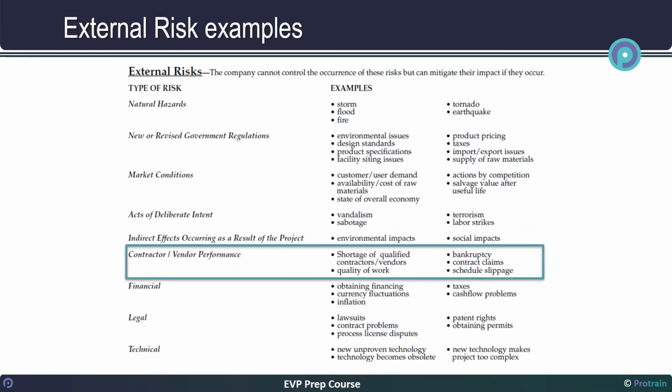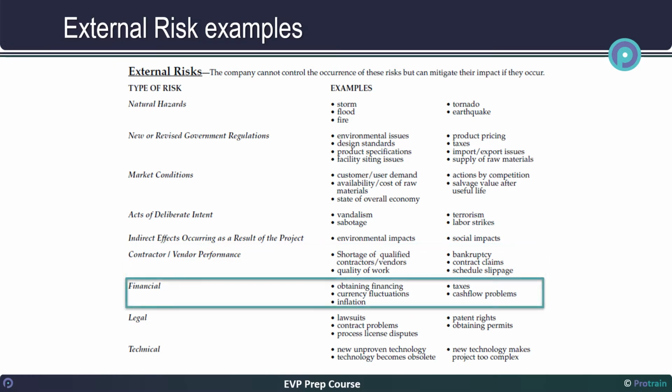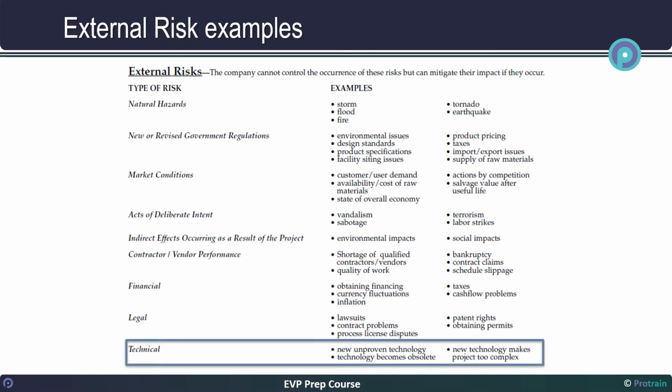Contract vendor performance, and the examples can be shortage of qualified contractors, vendors, quality of their work, bankruptcy of vendors or contractors, contract claims, schedule slippage etc. There can be other external risk to a project like financial, legal and technical. There can be many other external risks to the project beyond the list shown here.